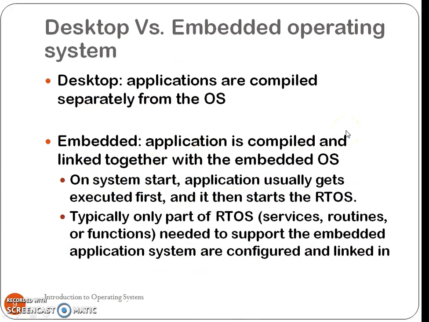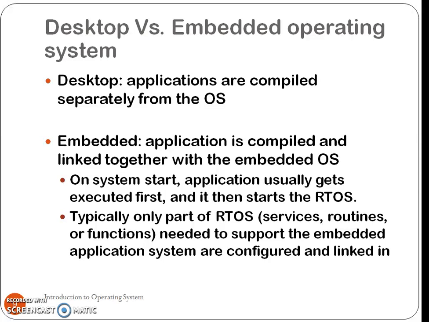Now, the difference between the desktop and embedded operating system. In desktop, the applications are compiled separately from the OS. Whereas in embedded operating system, the application is compiled and linked together with the embedded OS. And once we start the system, that is when the system is booted, the application usually gets executed first and then starts the real-time operating system, that is RTOS.